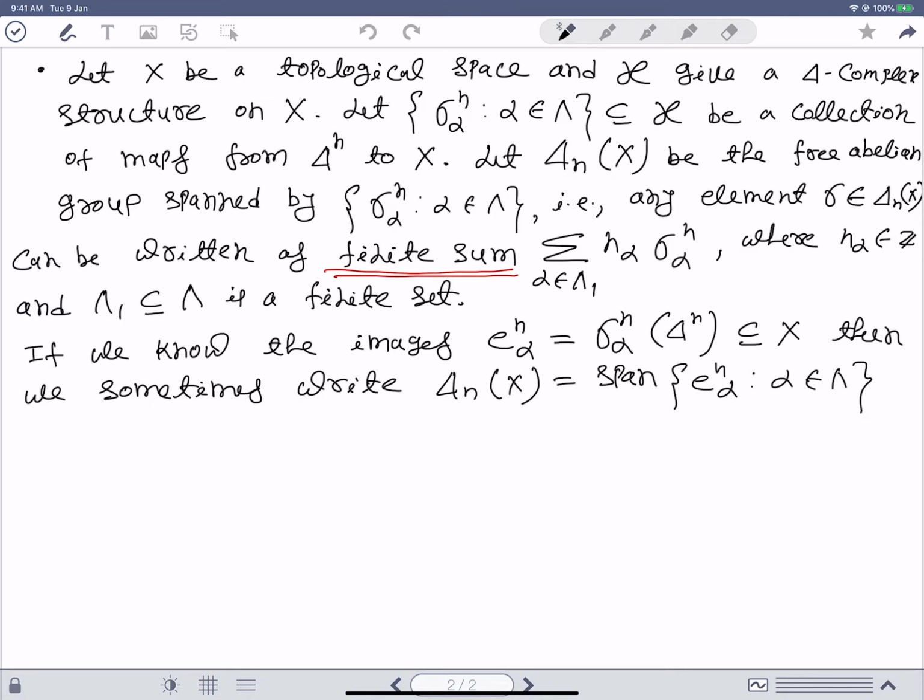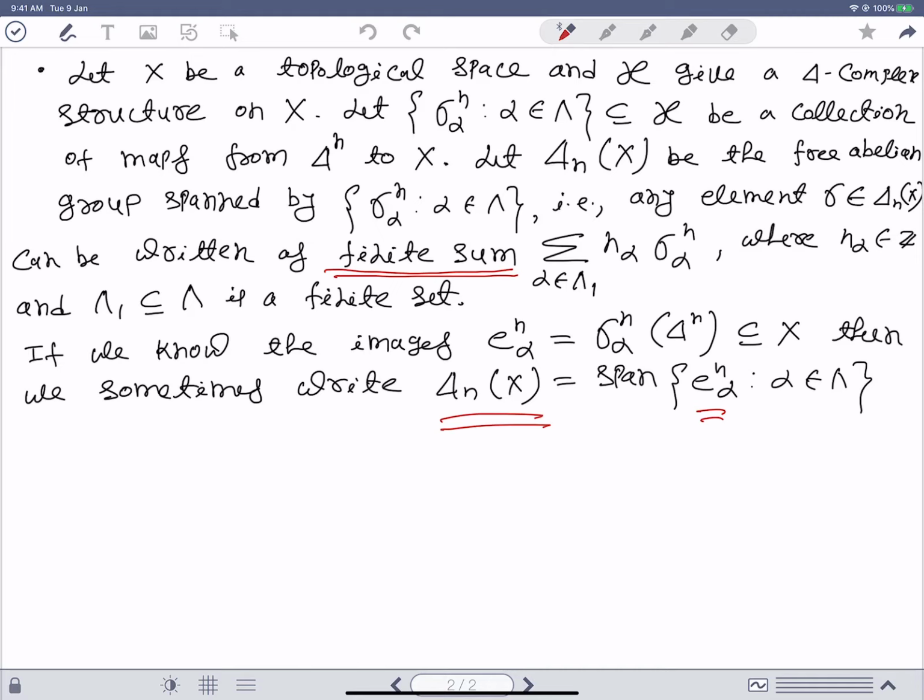Okay, because this is just a notation, right? So Delta_n(X) can be written as a span of maps, or it can be written as a span of the images of the simplices, right? So this is just a notation. You can check that both are isomorphic.